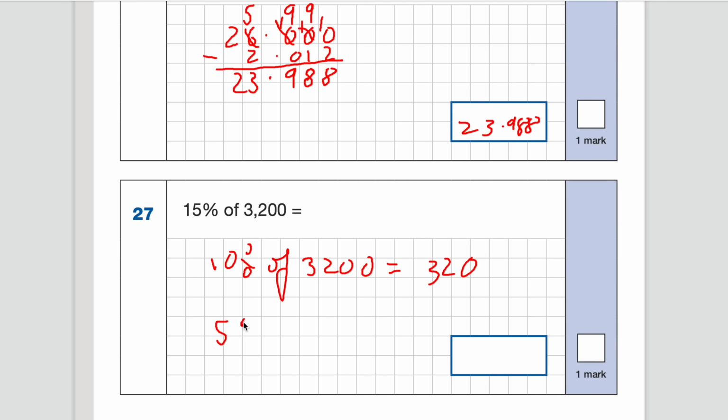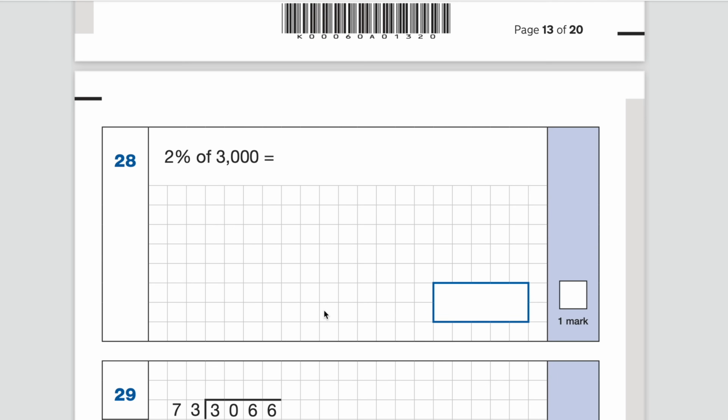So 5% equals, what's half of 320 is 160. If we want to find 15%, then we add these two together. So the answer is 480.